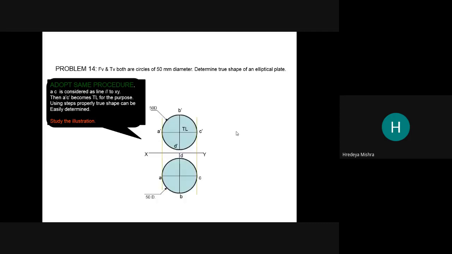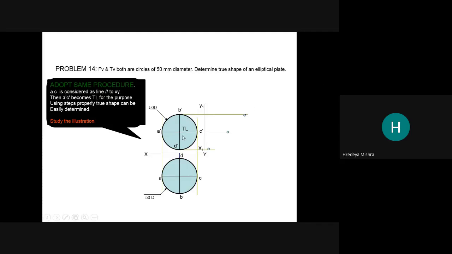Now see, this is your top view, this is your front view. And now you determine that AC is the true length. So we can extend this line AC to get the x1 line, x2 line. So this is the perpendicular. Now what happened?